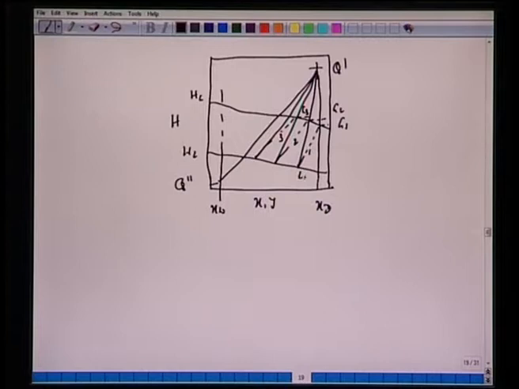Similarly here we had L1, L2, L3. Now we are talking of these arbitrary ratios of Ln over Gn plus 1. We said that this is approximately constant. So all we are saying is that, say, L1 over G2 is constant.